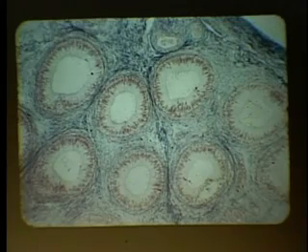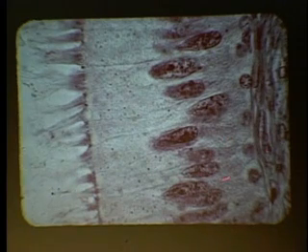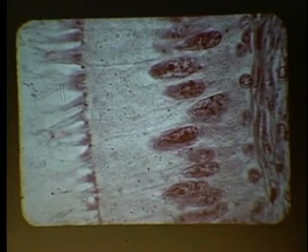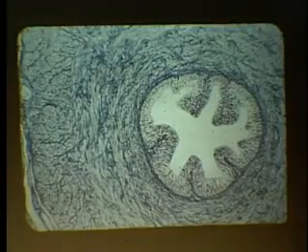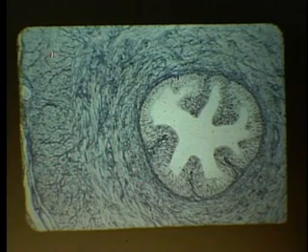In the next one, this is in the Vas Deferens, where we're seeing cilia here. In the next one, this is Vas Deferens at a lower magnification, but you can see again the amount of smooth muscle surrounding it. You don't see any other structure that has that much smooth muscle around a tube.